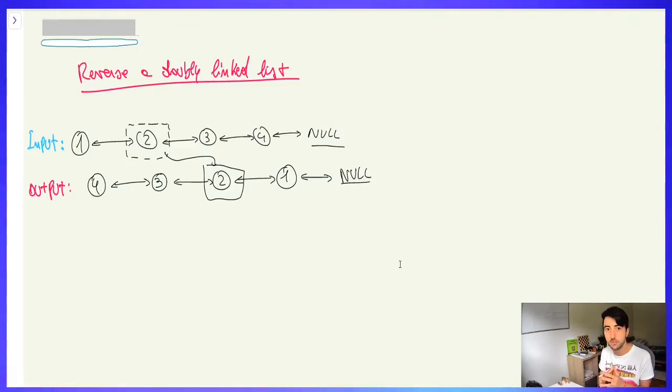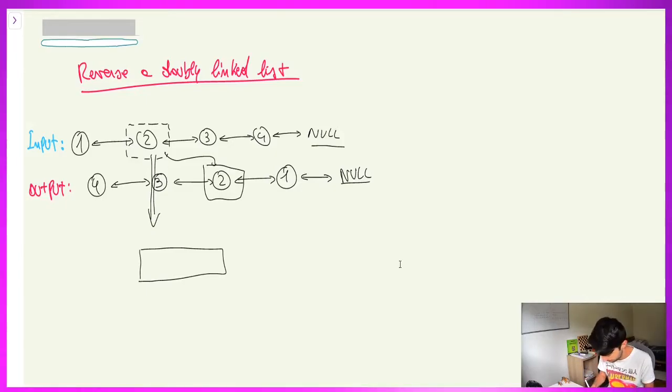We have to think about each node in the linked list like this. Let me just draw it for you. So here we consider our node 2, right? Each node of a linked list, we can imagine it composed of 3 data blocks, let's say. Here we have the data, so 2.